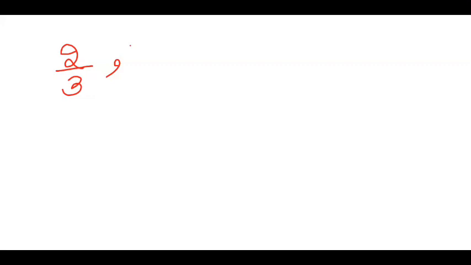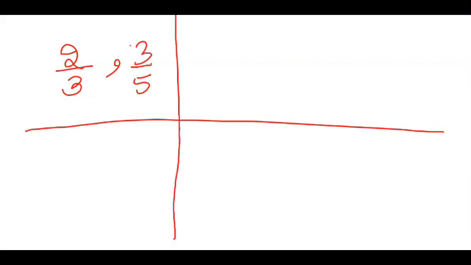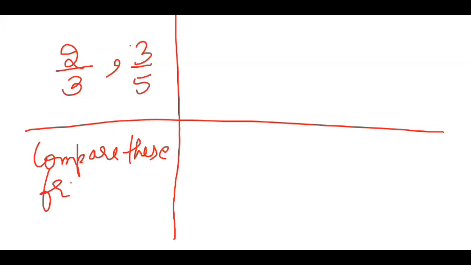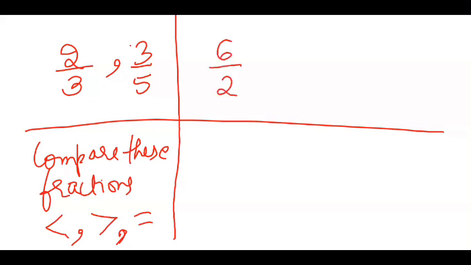Okay. So this is the first question: 2 over 3 and 3 over 5. The question is: compare these fractions. How would you compare these fractions? By writing lesser than, greater than, or equal to symbol. So we have 2 over 3 and 3 over 5, 6 over 2 and 3 over 4.